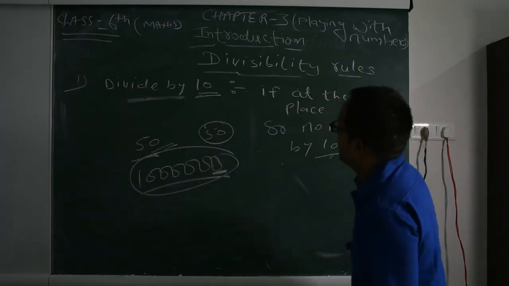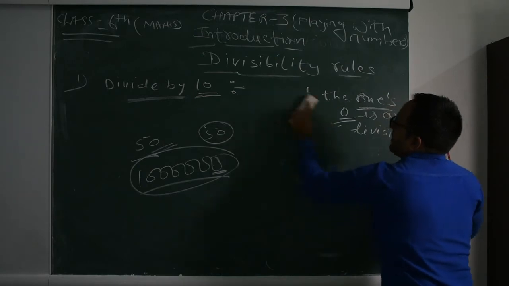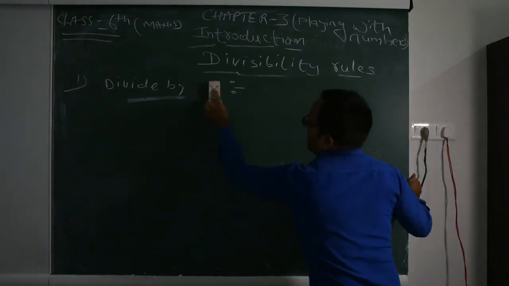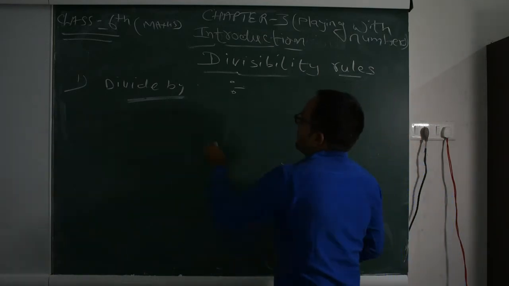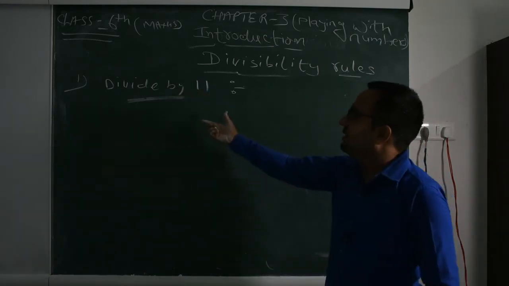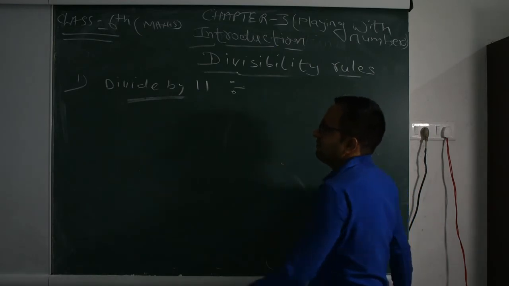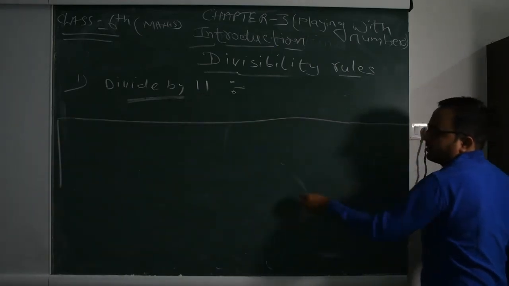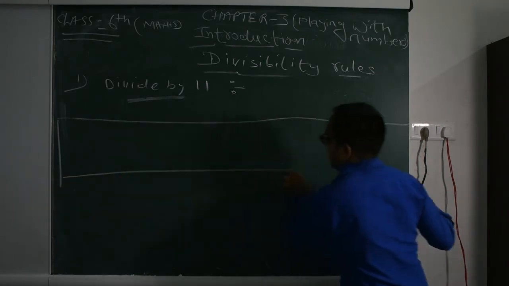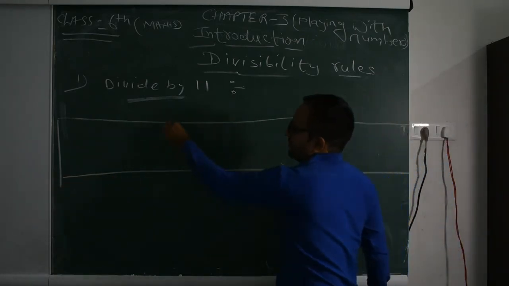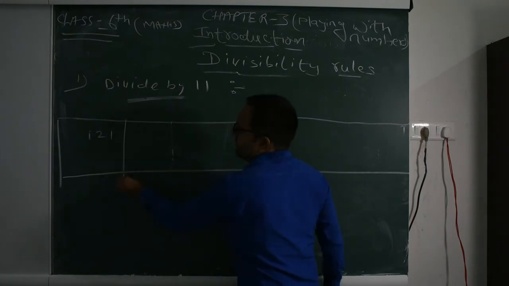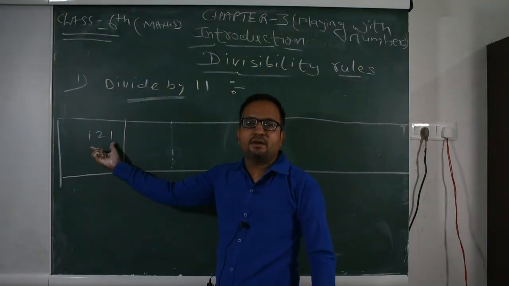And the last divisibility rule is 11. Divisibility rule by 11. For example, now we check whether 121 is divisible by 11 or not.